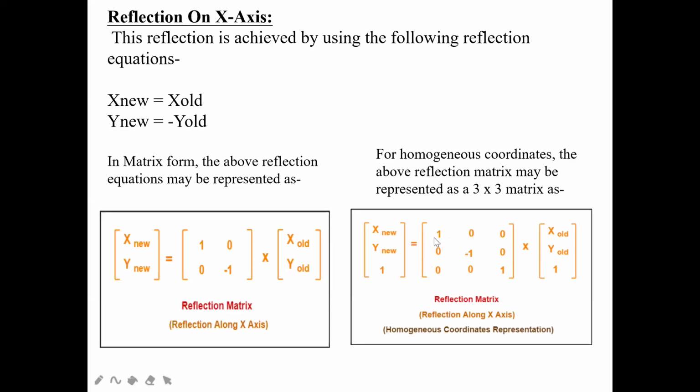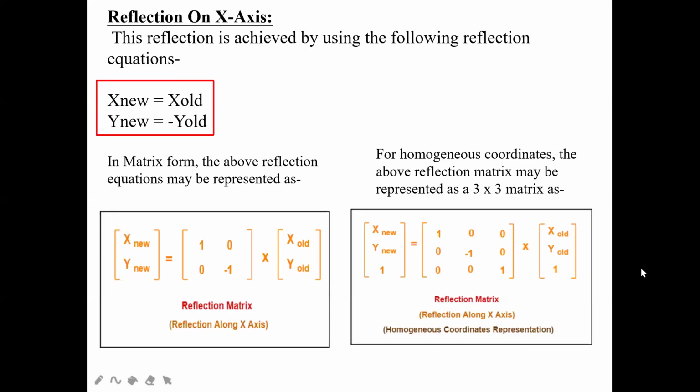In your x value it will be 1, in your y value it will be -1, because here we have written the equation how it's going to be. So you have to remember that equation. This is very important actually. Okay, and here the z value will be equal to 1. So this is the reflection matrix of your x-axis. Homogeneous is represented this side and normal matrix form is on this side.